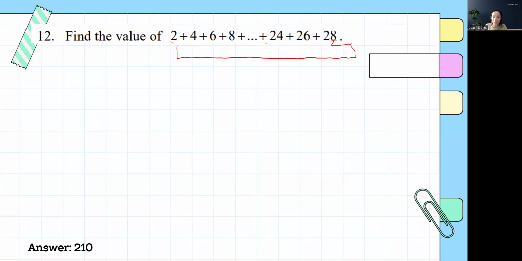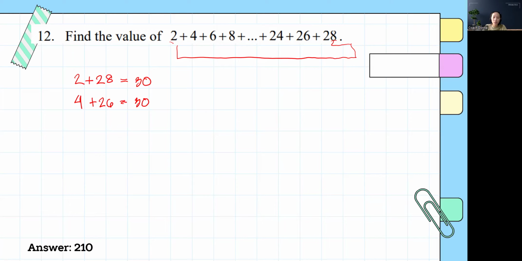So let's do that. 2 plus 28 is equal to 30. 4 plus 26 is still equal to 30. Notice there's a pattern, just like what we did earlier.